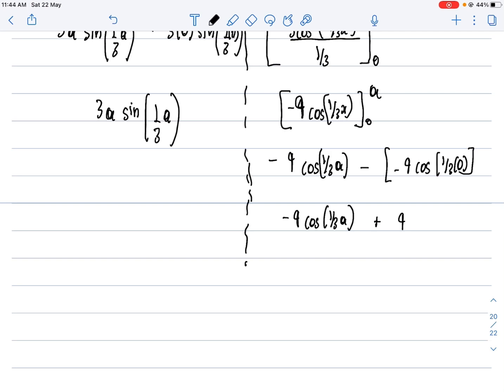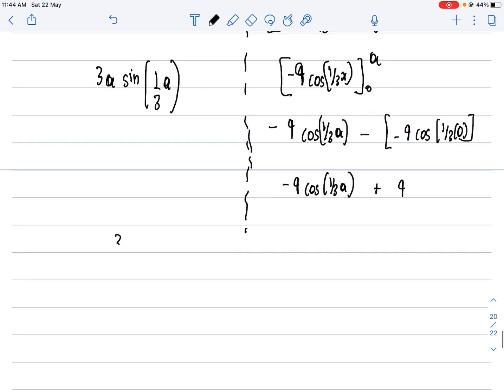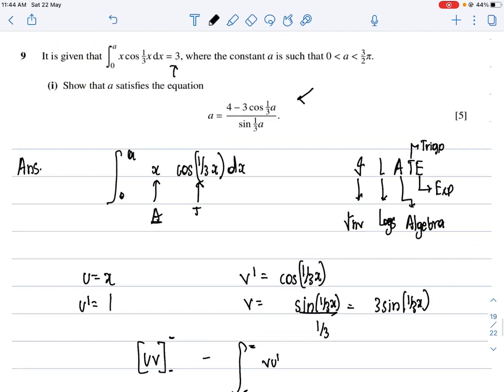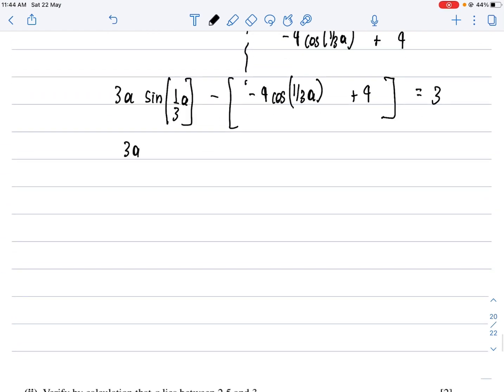Now writing everything together, I have 3a sine 1 over 3a, there's a minus in the middle, and then minus 9 cos 1 over 3a plus 9, which is equal to 3. So I can write this as 3a sine 1 by 3a plus 9 cos 1 by 3a minus 9 equals 3.